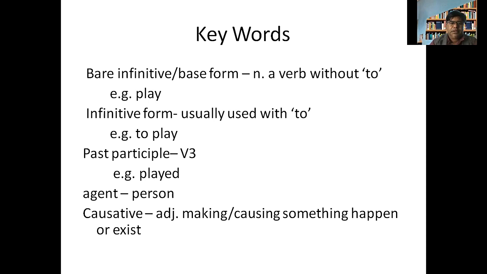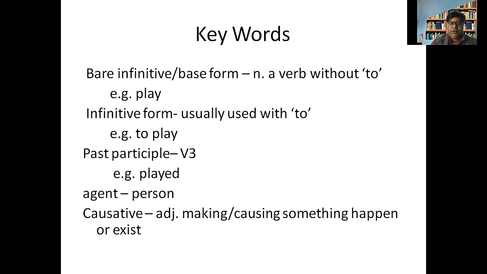Another keyword is infinitive form, usually used with to, base form with to, like to play. Another necessary keyword is the past participle form, that generally we say verb 3, and another is the person, let's say the agent, or the doer.